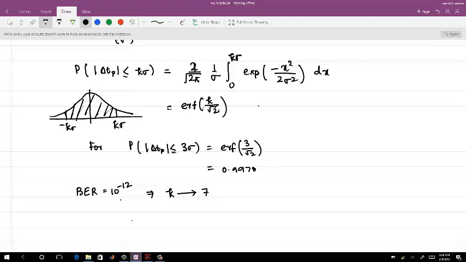When you say you fix plus minus 5 sigma, what does that mean? You say that the noise is not going to exceed plus minus 5 sigma? But we are not fixing the noise, we are fixing K to be 5.